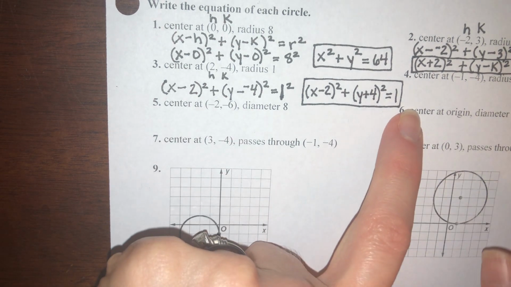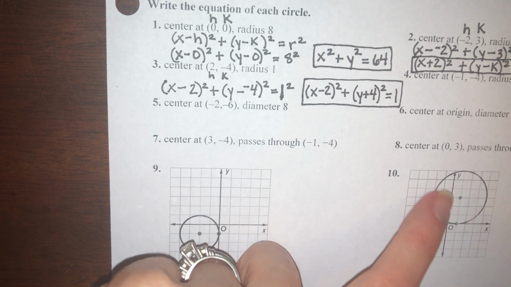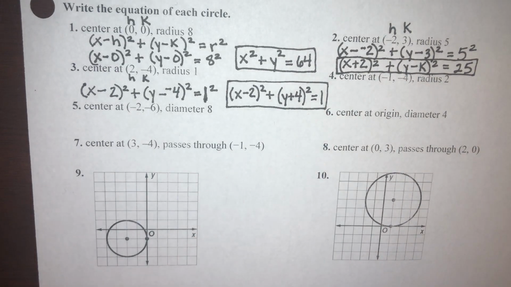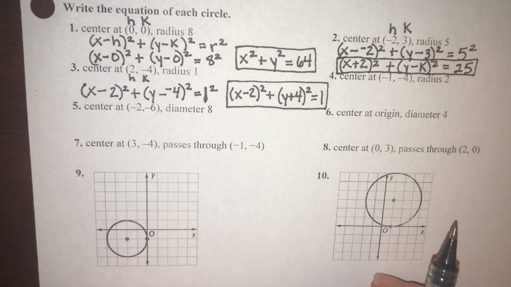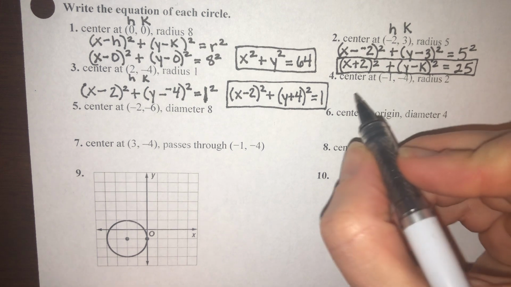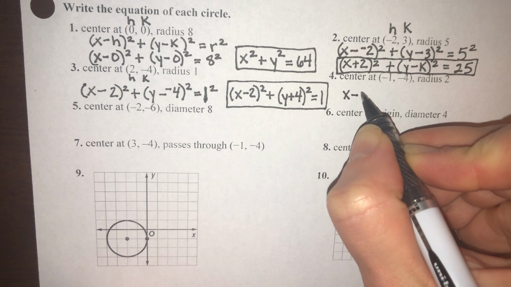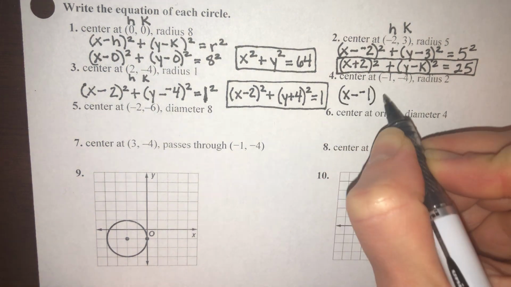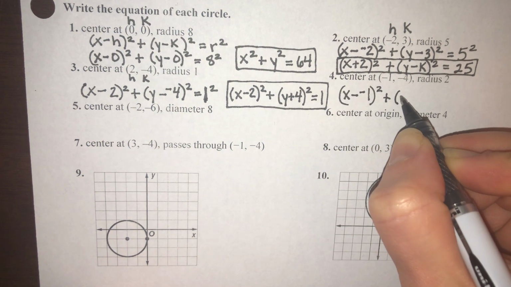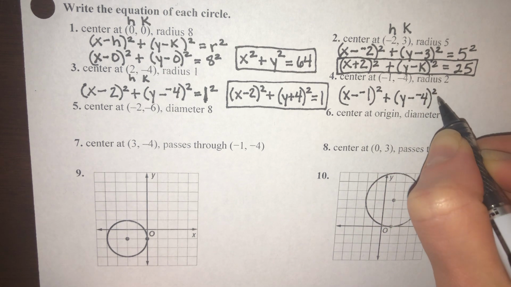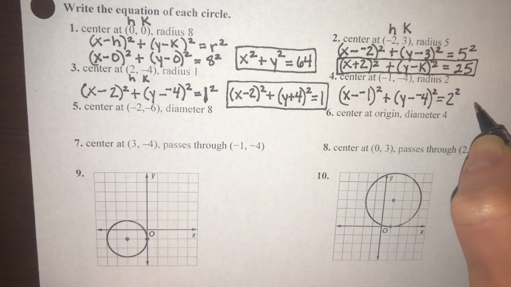All right, number 4. Why don't you try this one on your own? Why don't you pause your video, give it a shot, and see if you can get it. And then we'll come back and do it together. So x minus negative 1 squared plus y minus negative 4 squared equals 2 squared is what you should have gotten for your first step.